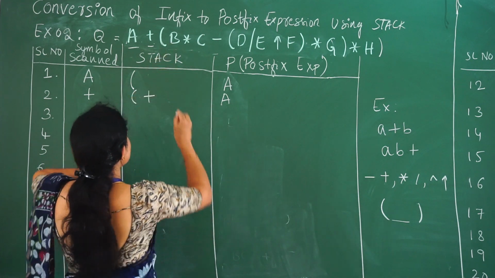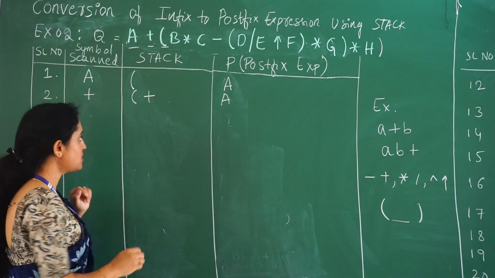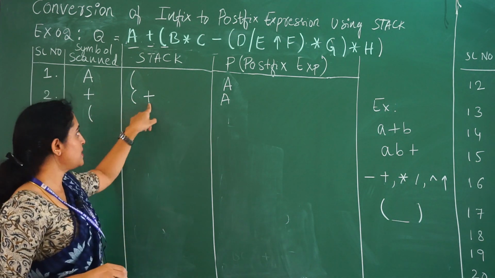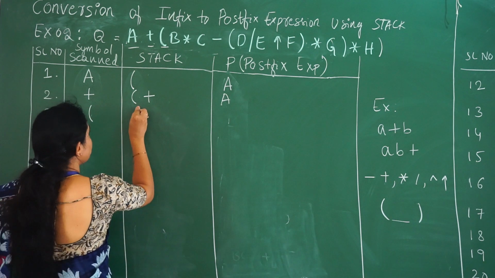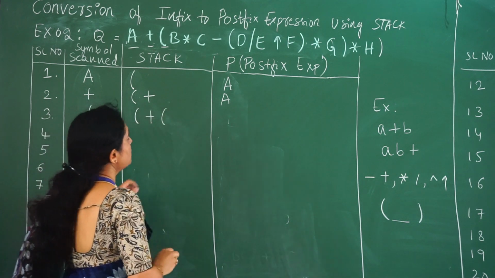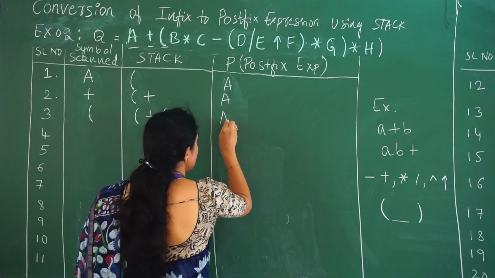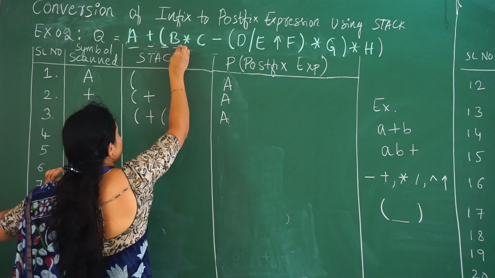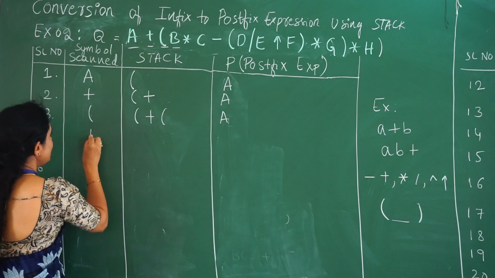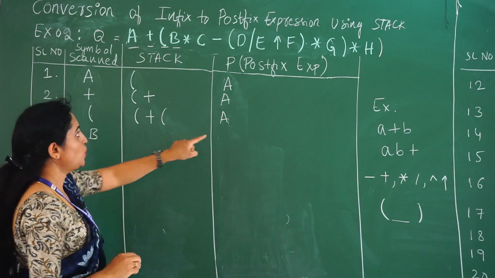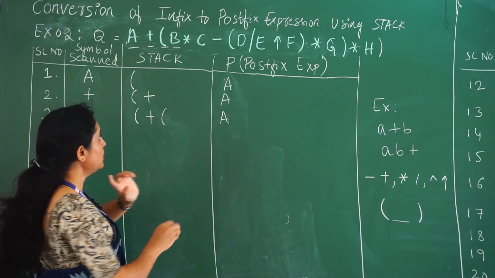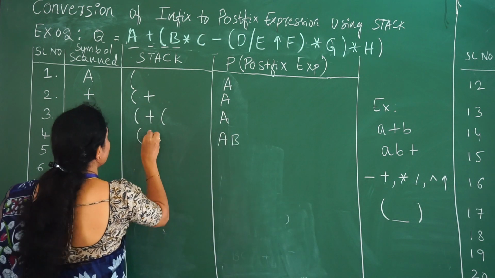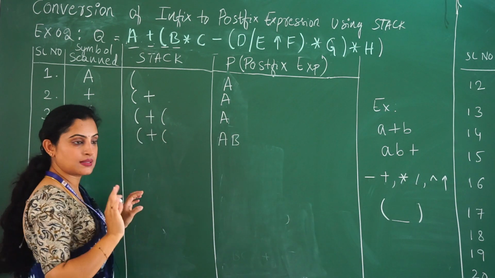So the next scanned symbol is left parenthesis. Left parenthesis we push inside the stack. The postfix expression remains the same. The next scanned symbol is B. B is an operand, so directly we place it in the postfix expression. The stack remains the same.